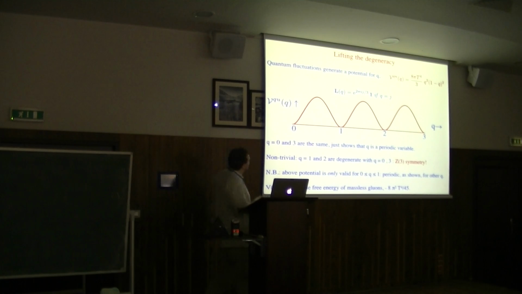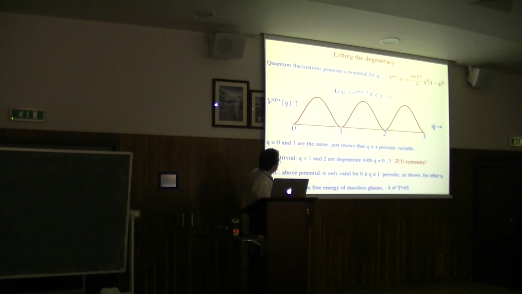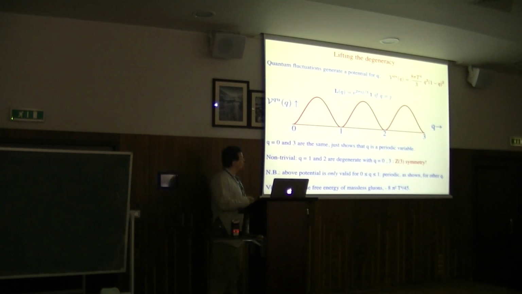So this is what the potential looks like from q equals 1 to 3. In fact, you have to be careful. This is only defined for q modulo 1 in absolute value. But what it shows is for q equals 1 or 2, these are the Z3 vacua. Then I've lifted the degeneracy from quantum effects, and I now have 3 degenerate vacua.